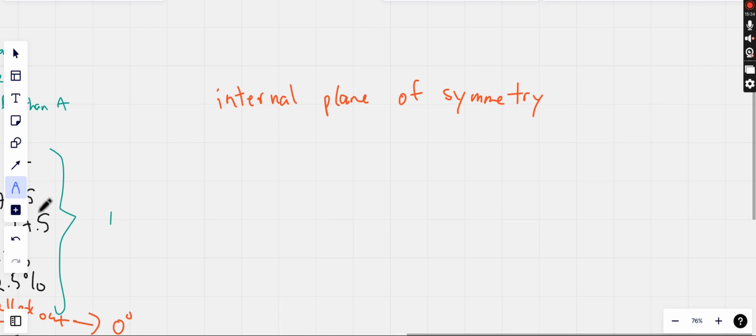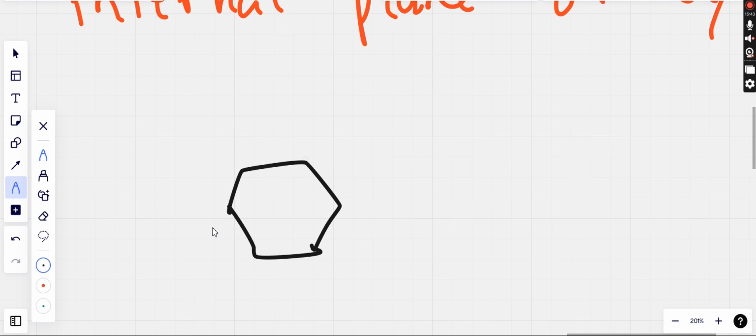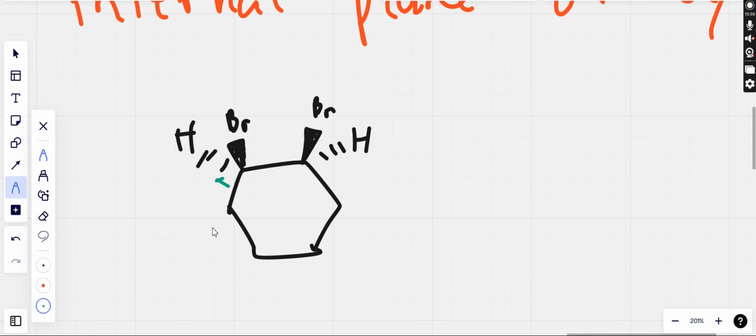What it means is that, a molecule, let me just draw something random like that, and then zoom in a bit. Draw bromine, here's your hydrogen, bromine, hydrogen. As you can see from here, these are chiral centers, chiral carbons. So by right, it should be able to rotate polarized light.